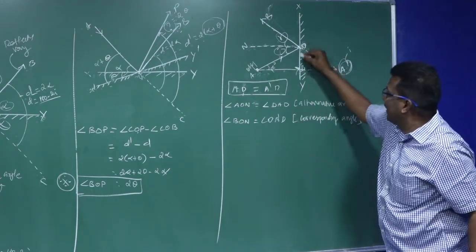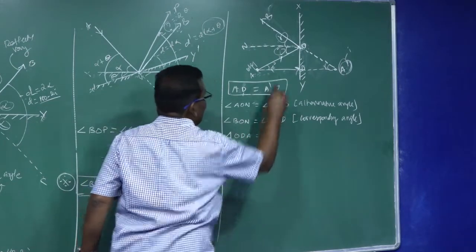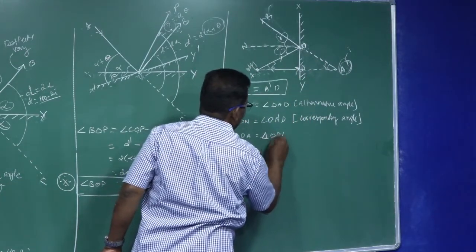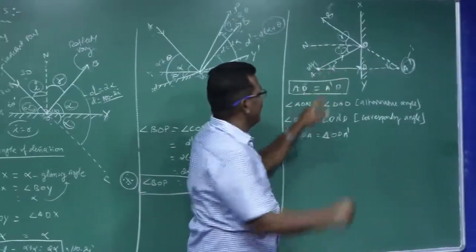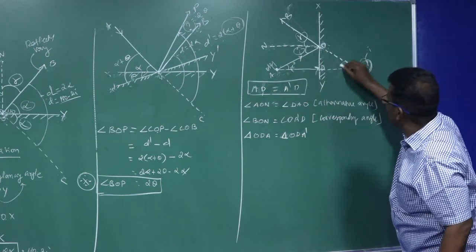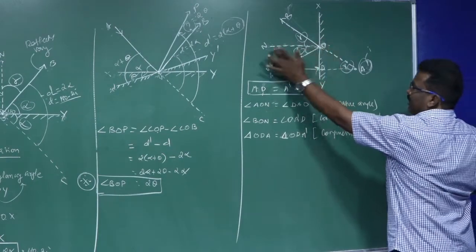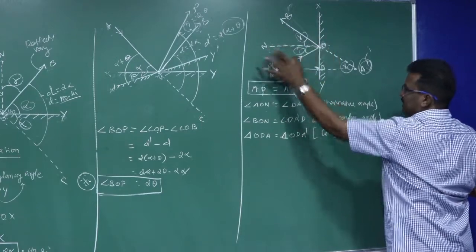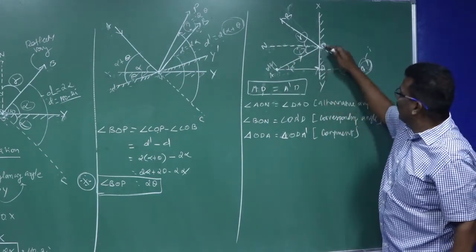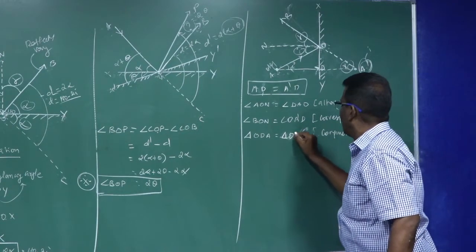In these right-angled triangles, ODA is equal to ODA prime, which is a congruent condition. AON is equal to DAO, BON is equal to OA prime D, and OD is common.